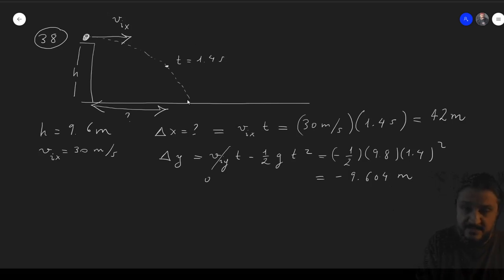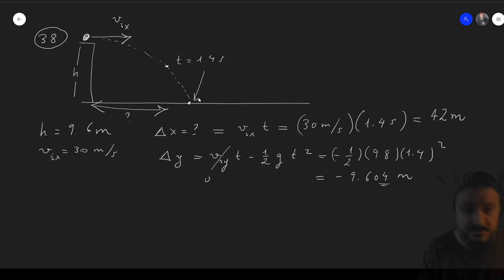So I'm assuming that this 04 here is just a small error. We pretty much hit the ground at that time. So this is at 1.4 seconds. Just happened to be that way.